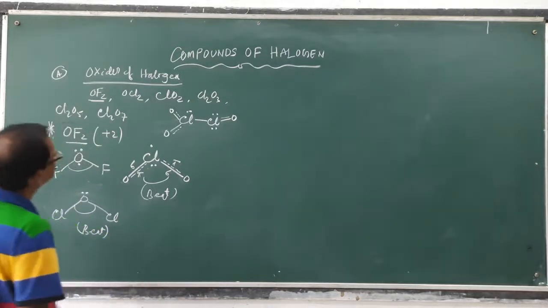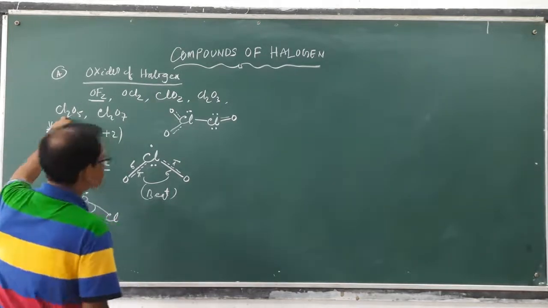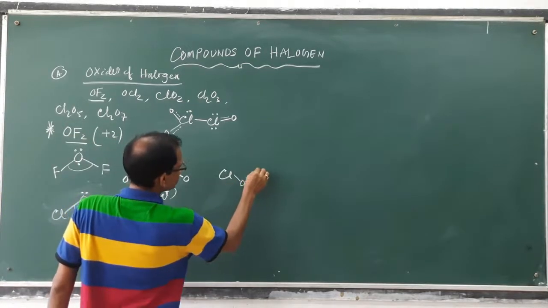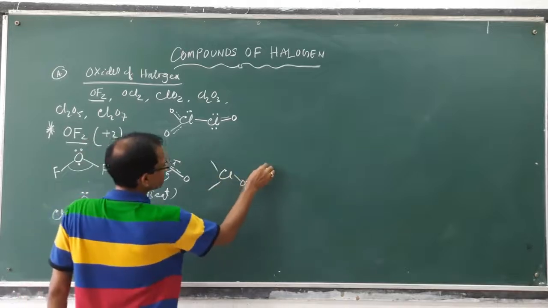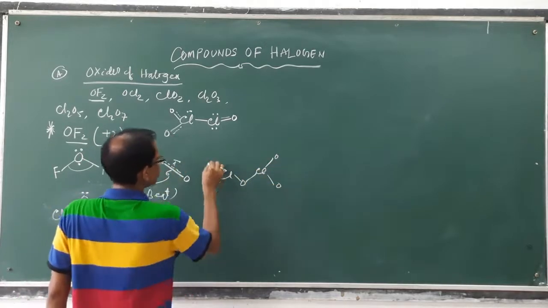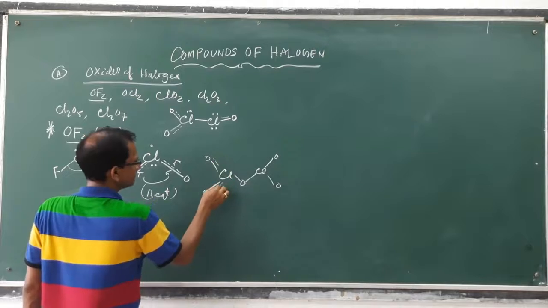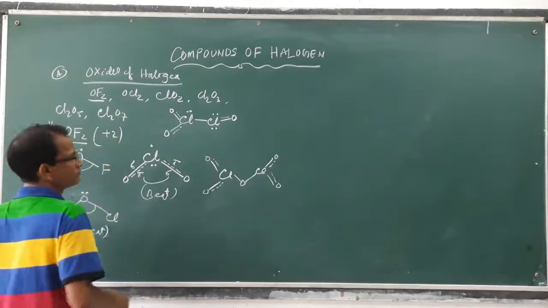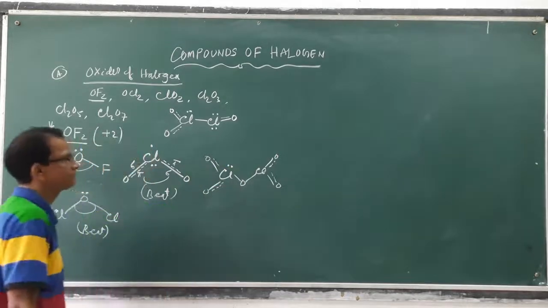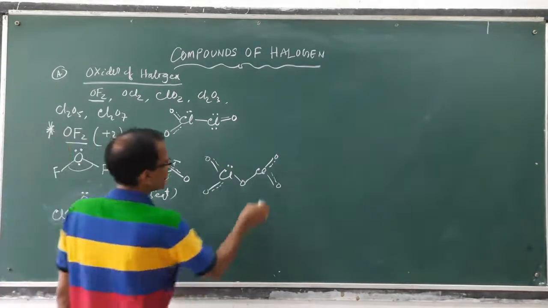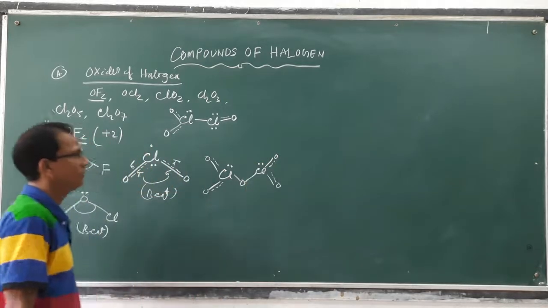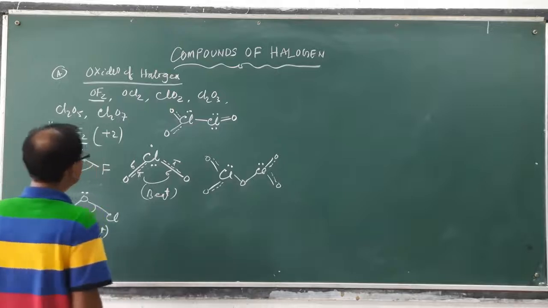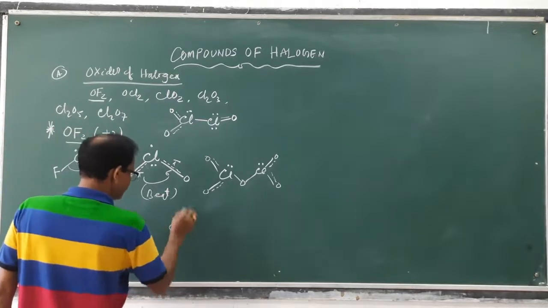And what is the structure of Cl2O5? Having one lone pair here and one lone pair here. So this is Cl2O5. Then Cl2O7 is the same.